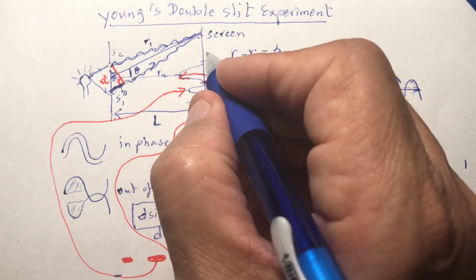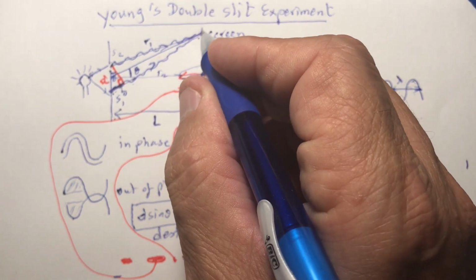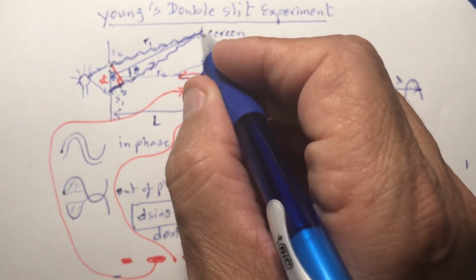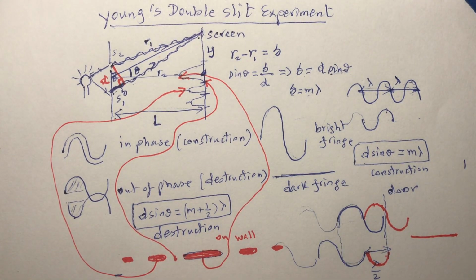Let's call this distance here from the center to the fringe, or to the point where the two lights meet, y, and we have L here. So theta is small.